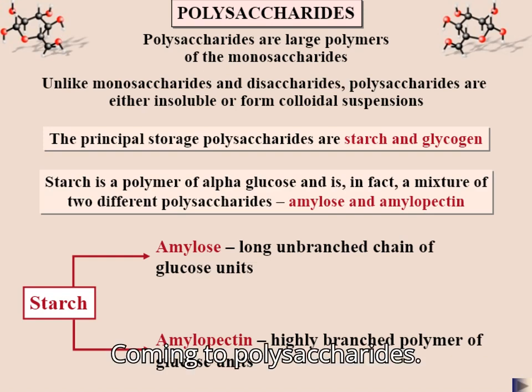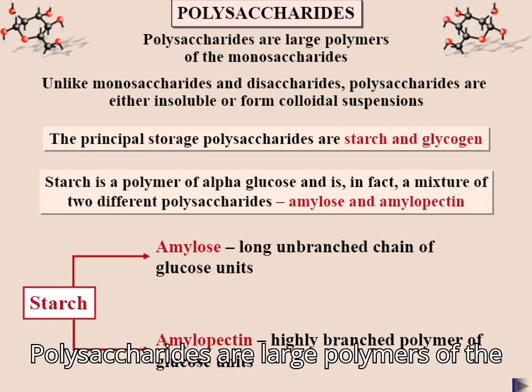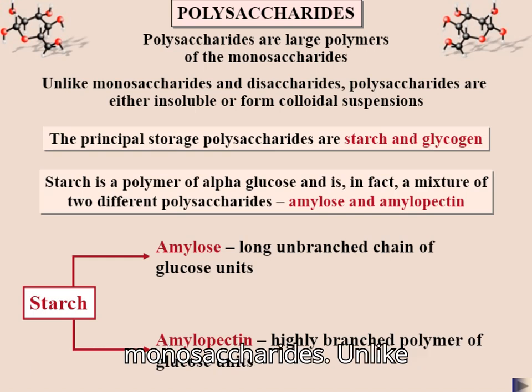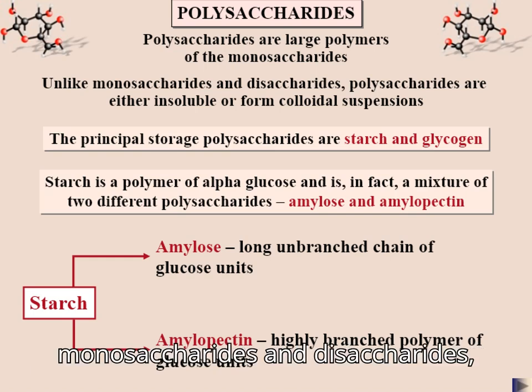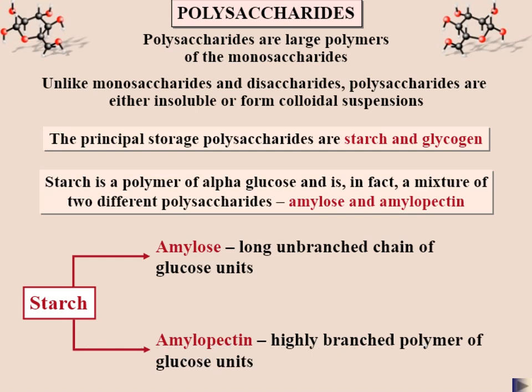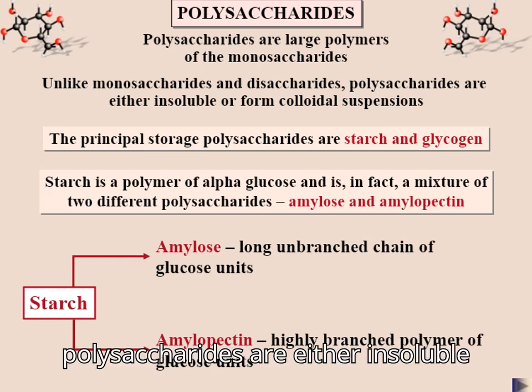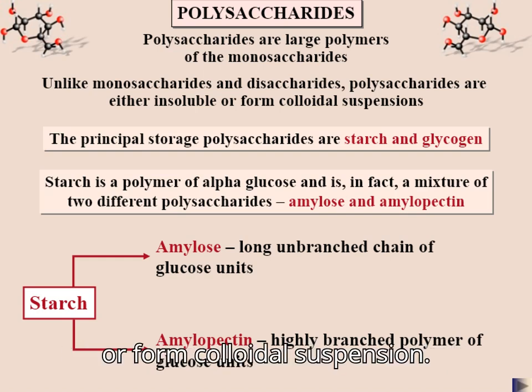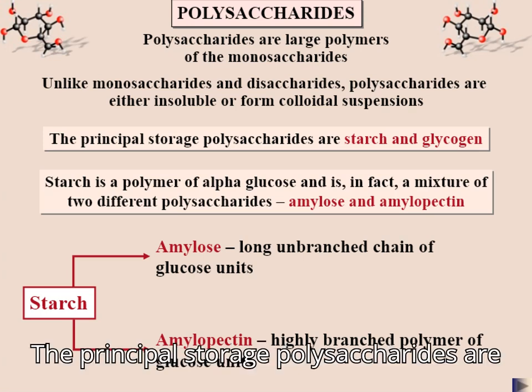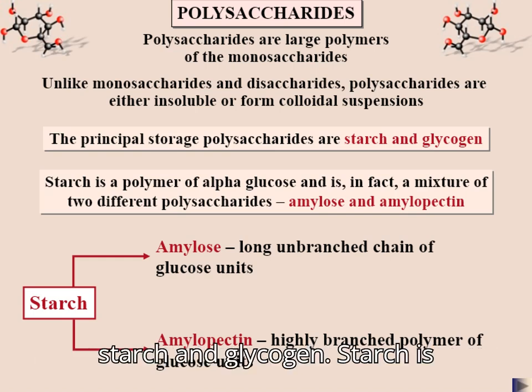Coming to polysaccharides, polysaccharides are large polymers of the monosaccharides. Unlike monosaccharides and disaccharides, polysaccharides are either insoluble or form colloidal suspension. The principal storage polysaccharides are starch and glycogen.